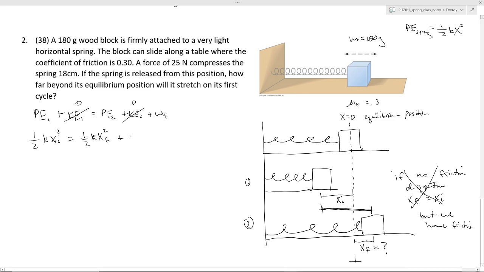So this will be the force of friction, mu mg, times x initial plus x final. This is the total distance.